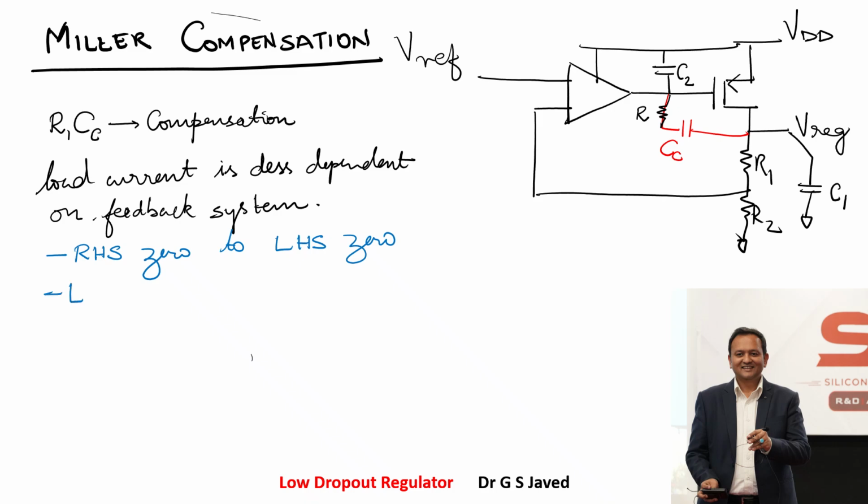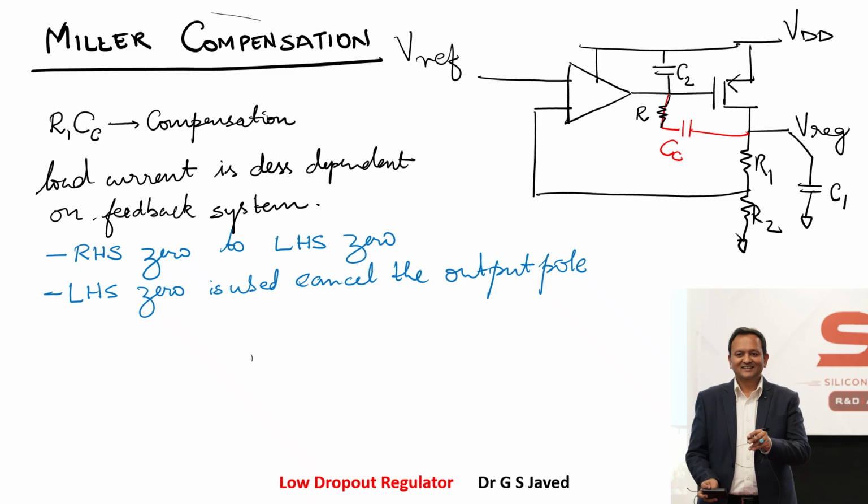And now this left hand side 0 is used to cancel out the output pole. Now this ensures that the system is much more stable than the other case.